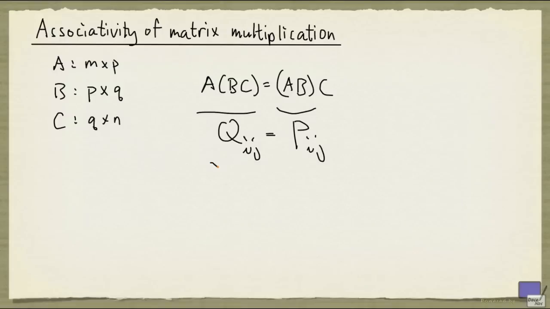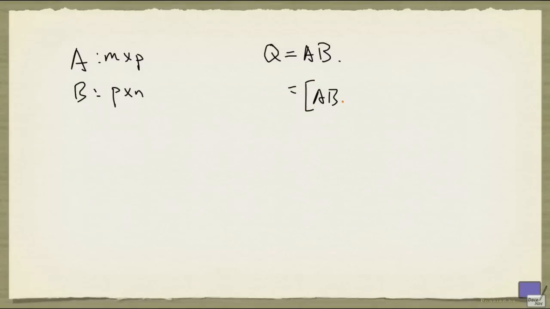And now let me say a few words about the ij entry of a product of matrices. Say I have a matrix A that is M by P and a matrix B that is P by N. And now let Q denote the product AB. Well, first of all, if you recall the definition of matrix multiplication, this is given by the matrix with columns AB1 in the first column, AB2 in the second column, and so on, ABN in the nth column.